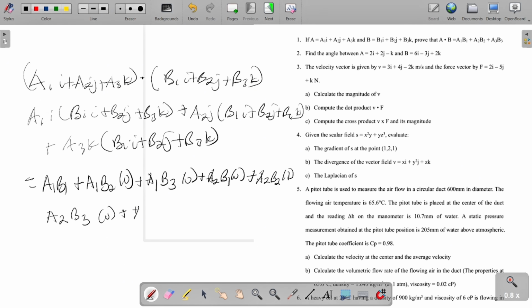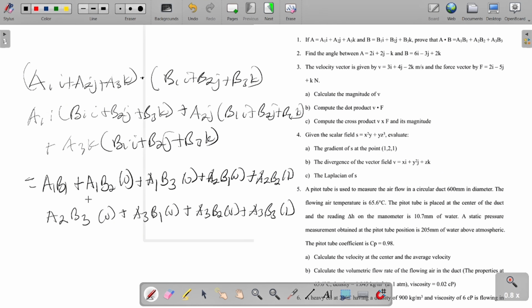And we move to the last one, which is a3. a3 b1, and k dot i is also 0. Then plus a3 b2, and k dot j also gives us 0. Then plus a3 b3, k dot k gives us 1.